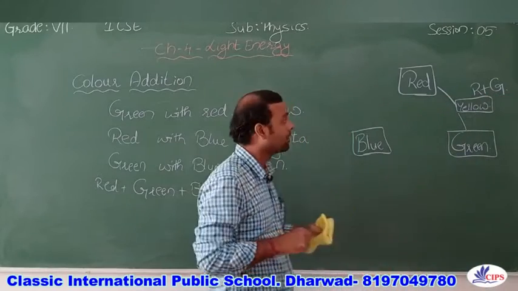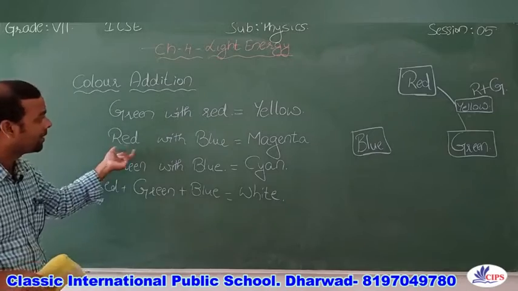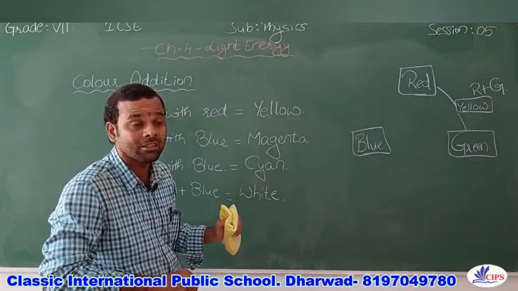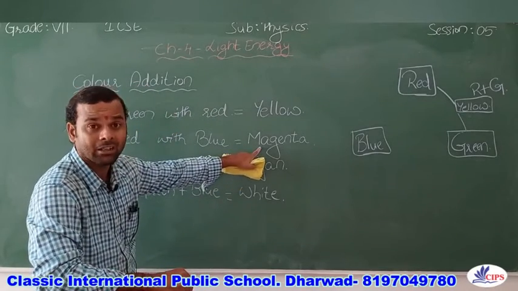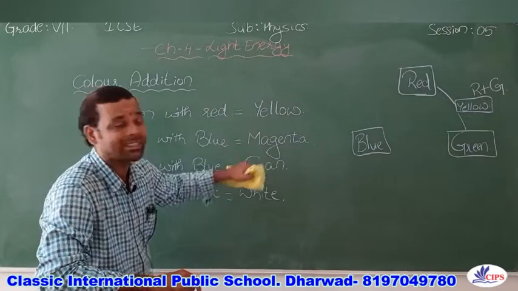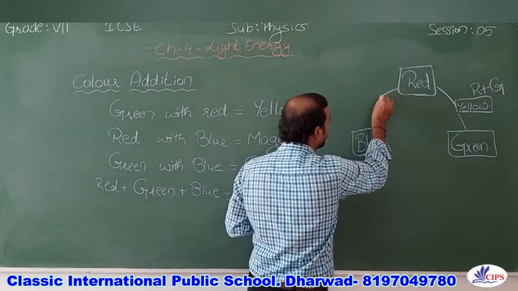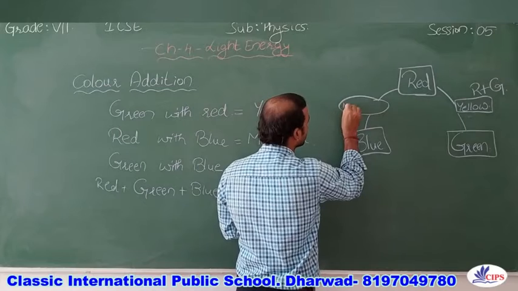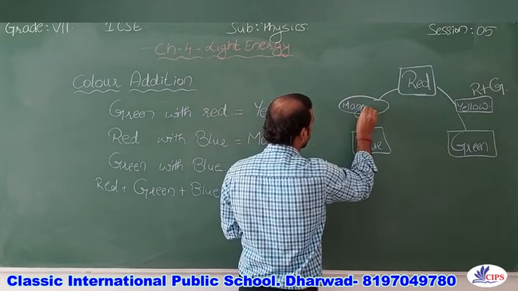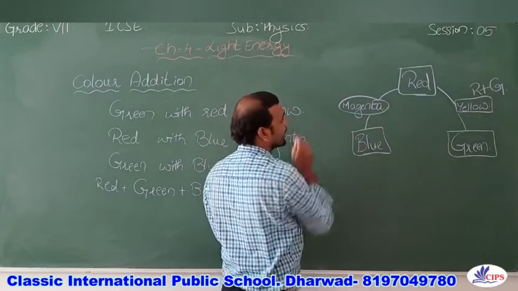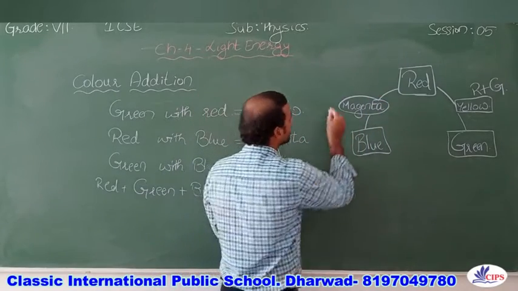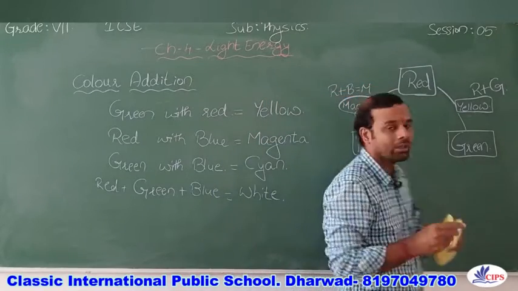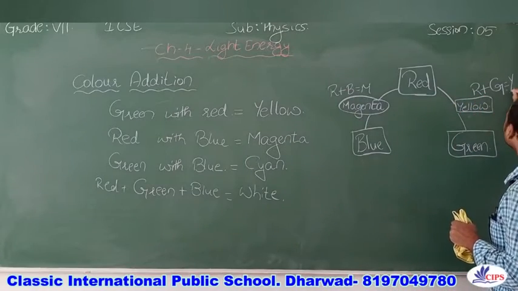Next, we have red mixed with blue, which gives magenta. Now the equation, if I want to write, it becomes R plus B is equal to M. So here we have R plus G is equal to Y.